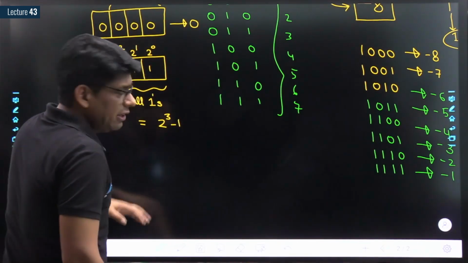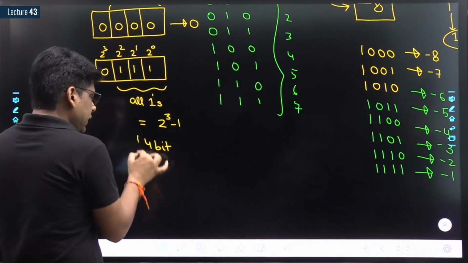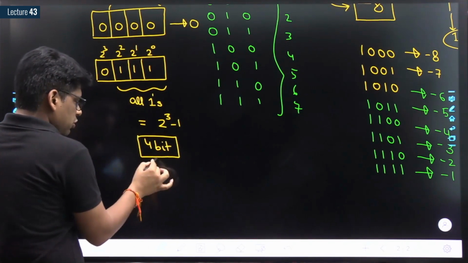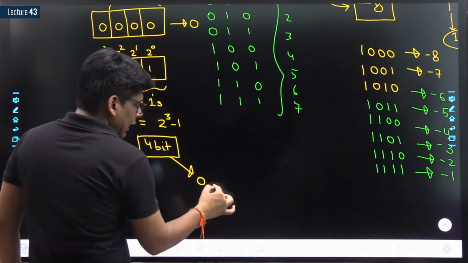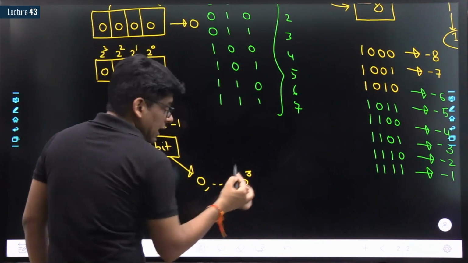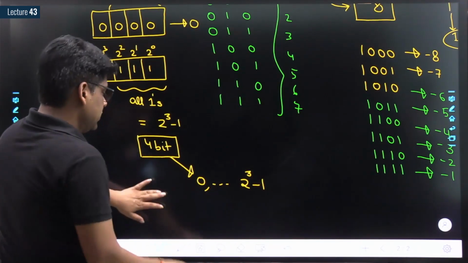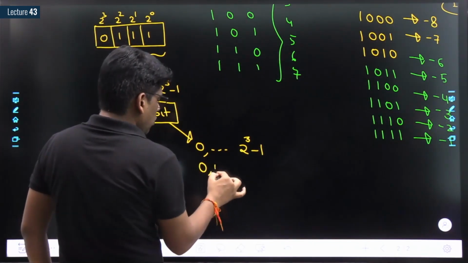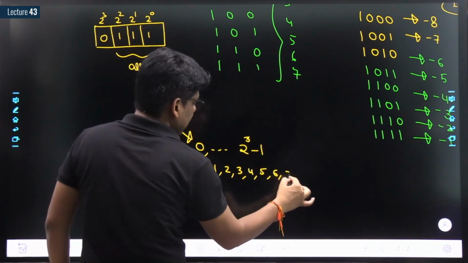So in positive, for a 4-bit integer, sir, we start from 0 and go till 2 to the power 3 minus 1, since 3 bits are left for magnitude. That means, sir, what are they? 0, 1, 2, 3, 4, 5, 6 and 7.